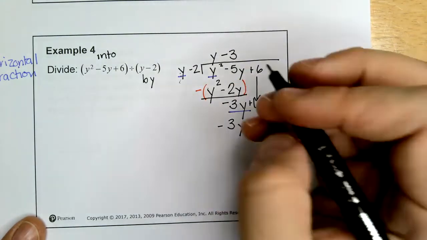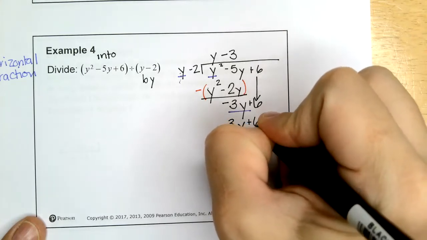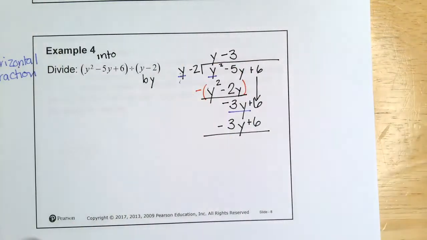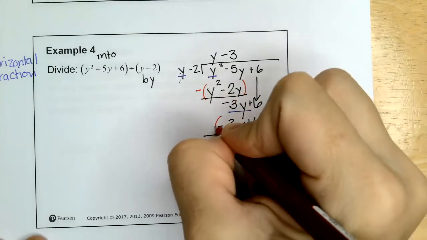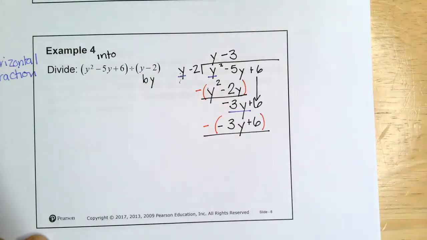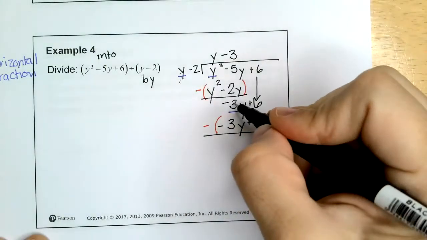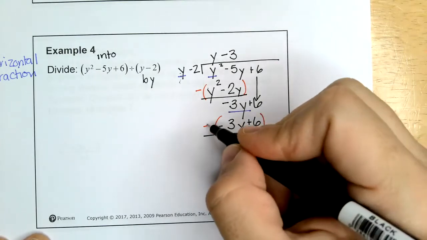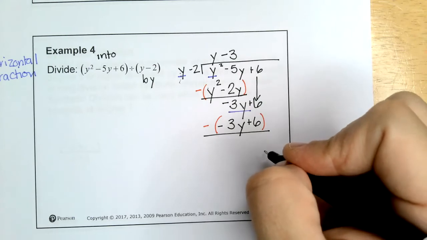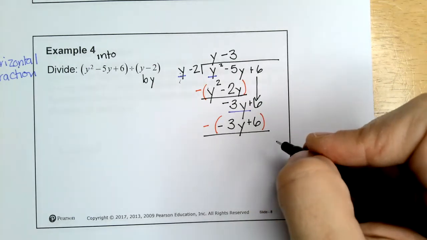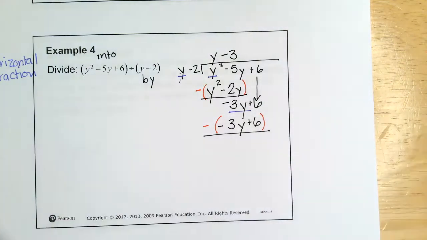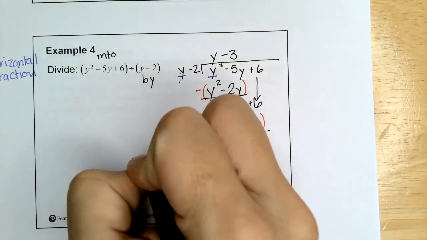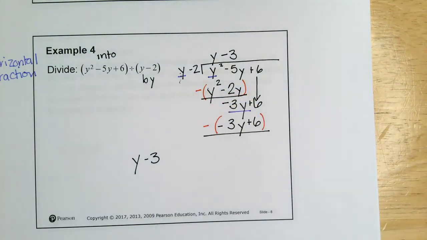Negative 3 times a negative 2 is a positive 6. Remember, subtract. Negative minus a negative cancel each other out. Positive 6 minus 6 also cancel each other out. So your final answer is y minus 3. No remainder.